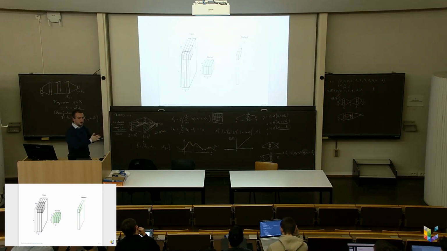You sum everything, and you report this number at the corresponding location in the output. That's all it's doing. And you could have one or several kernels if you want. In this case, if you have two kernels, you would be computing a second slice in your output volume.